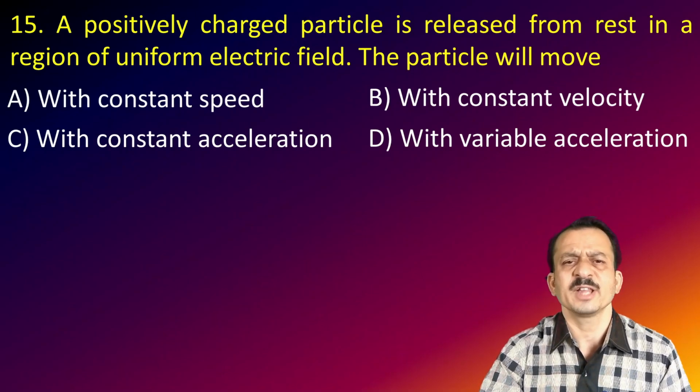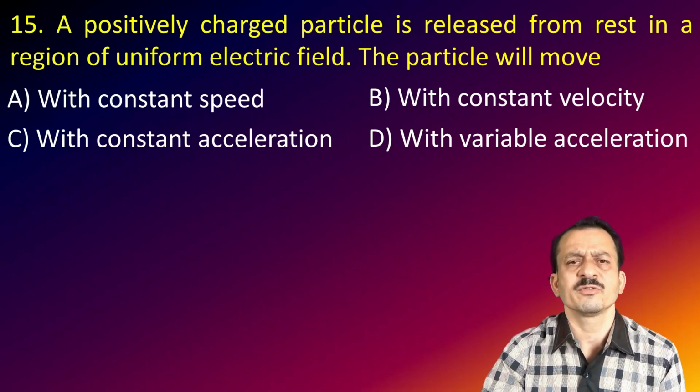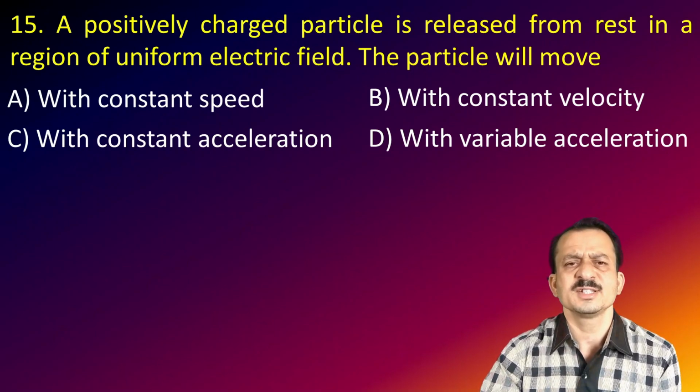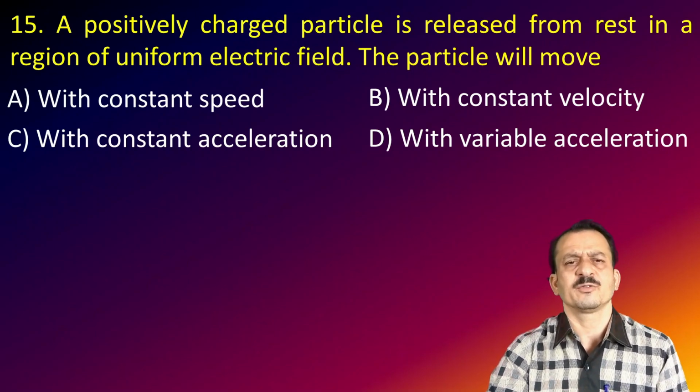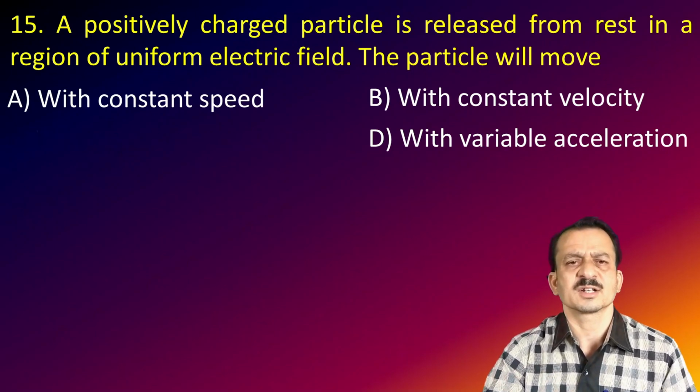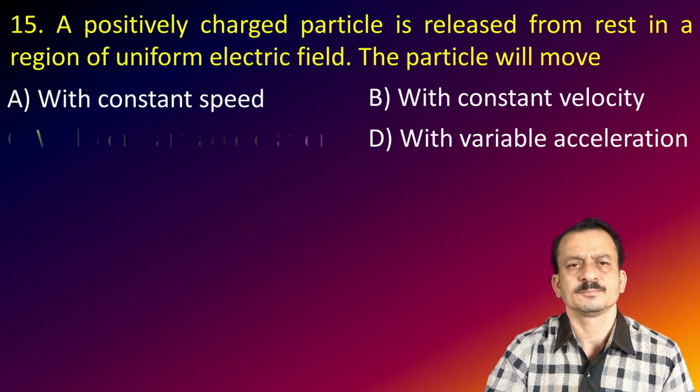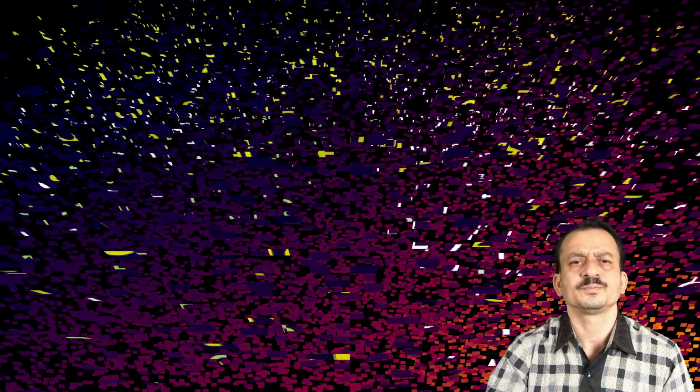It is accelerated with a constant acceleration. It experiences a force F is equal to m into a, so that is equal to Q into E. Since it is accelerating, it is with a constant acceleration. Therefore, C is the right answer. Next problem.